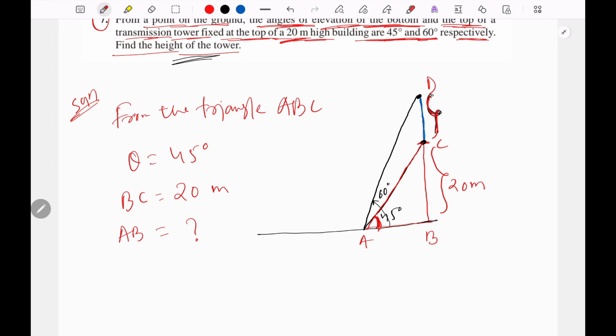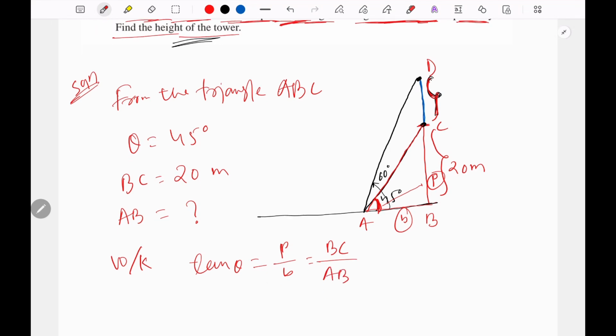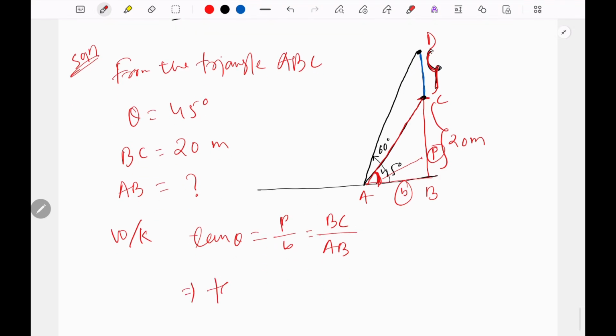So if this is the angle, then the side opposite to this angle is P. So we know the relation between P and B. We know tan of angle theta is equal to P by B. And what is P? P is BC, B is AB. Tan of theta, theta is 45 degree.